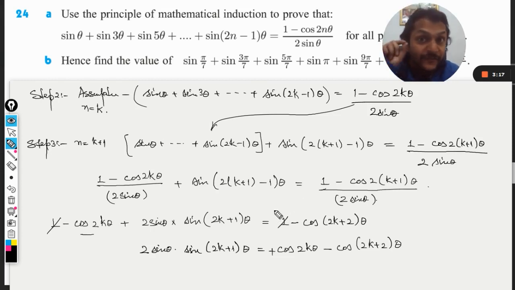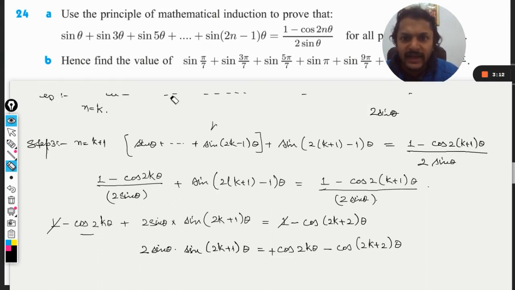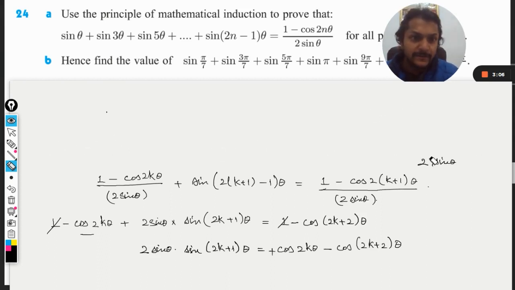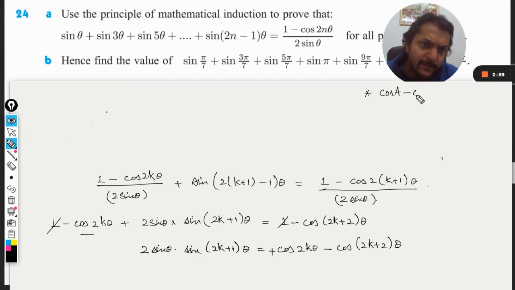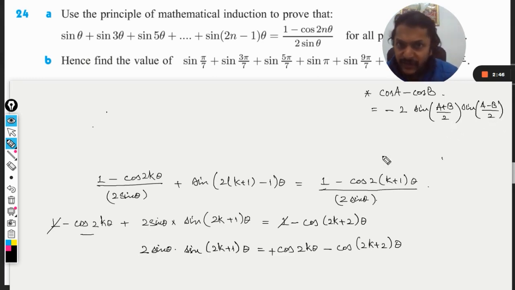Now there is a formula that we are going to apply. Now what is that? Just a moment, I have to rub it. Now you see, there is this formula: cos A minus cos B is equal to negative of twice of sin of (A plus B) divided by 2 into sin of (A minus B) divided by 2.